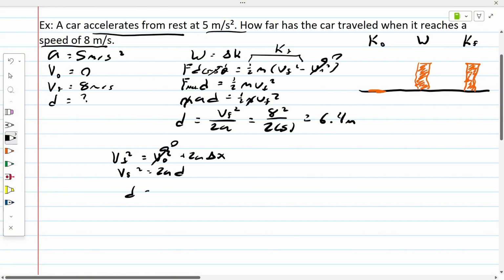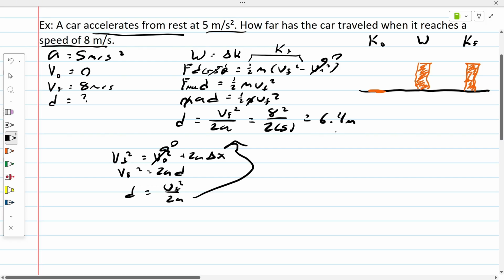And so if you want to solve for distance, you would get the same equation as we had before by using kinematics. That's the cool thing about physics, is that as long as you're not breaking any principles, you can use different methods to get the same answer.